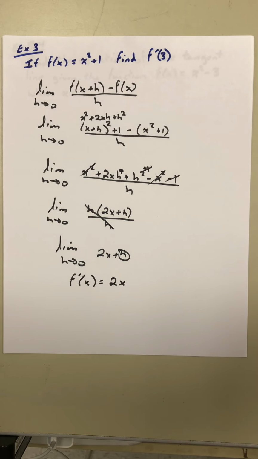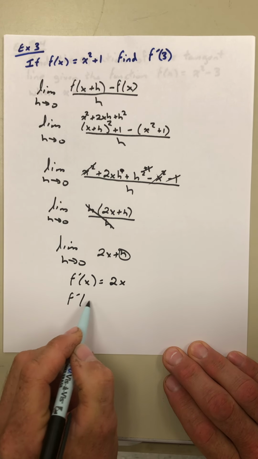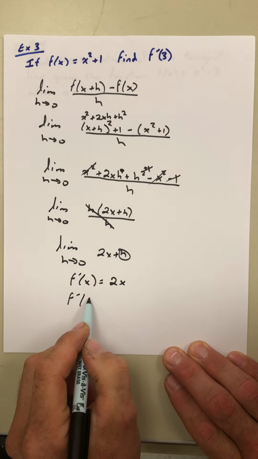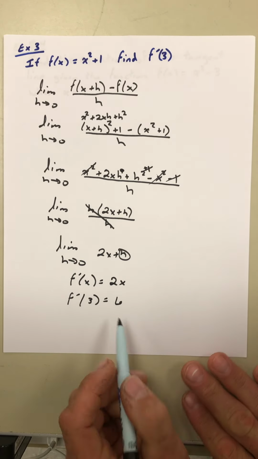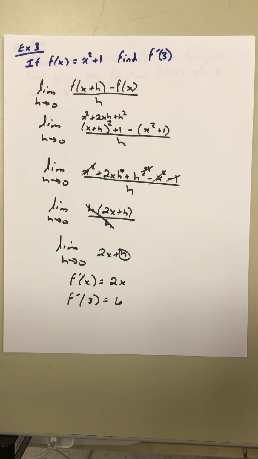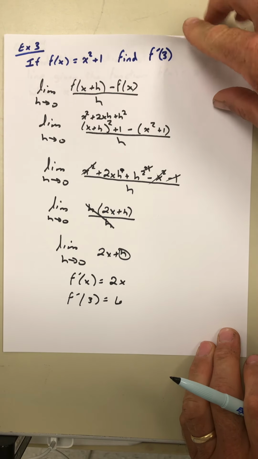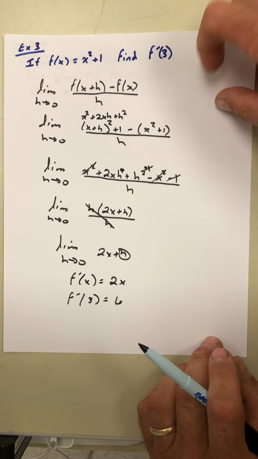That's my overall derivative. That allows me to find the slope of the tangent line when x equals 3. So 2 times 3 gives me 6. And that's the slope of the tangent line or the instantaneous rate of change of this function when x equals 3.